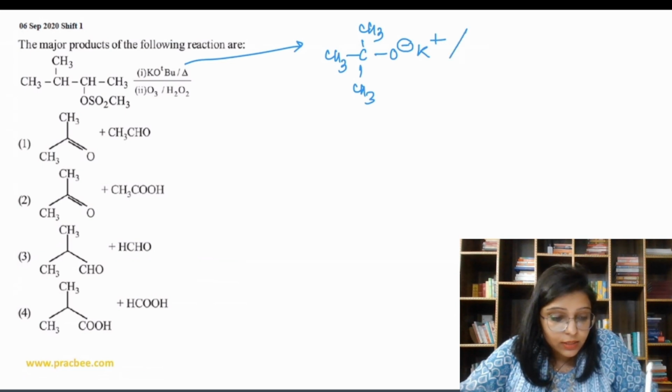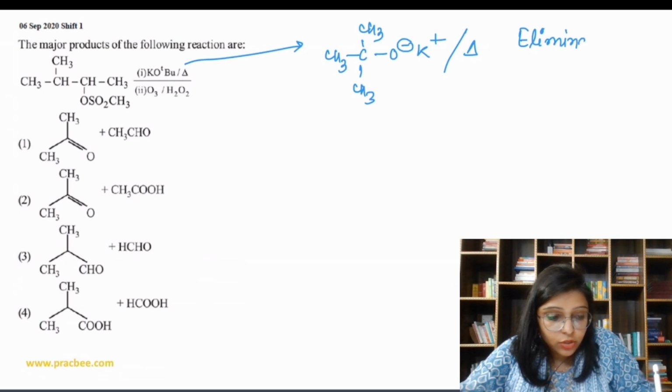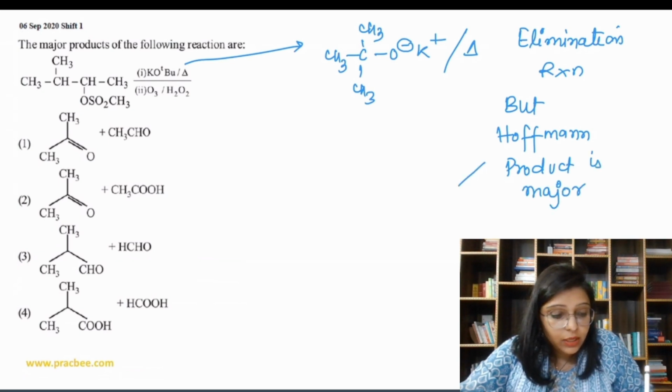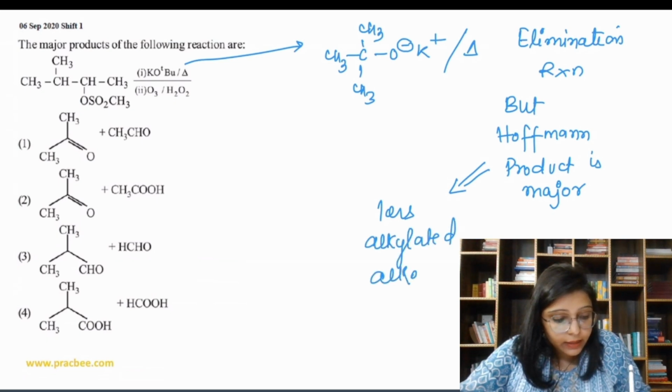So under this we have to do an elimination reaction, but the Hofmann product is the major product. And what is the Hofmann product? Less alkylated alkene.